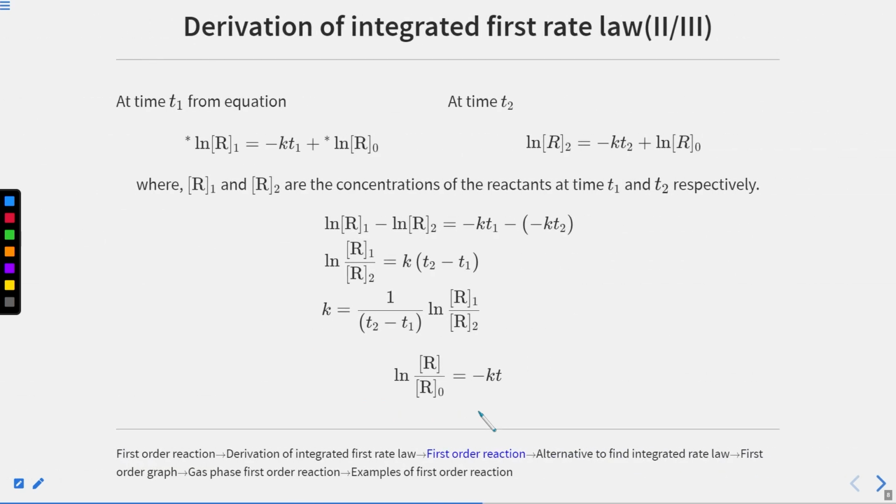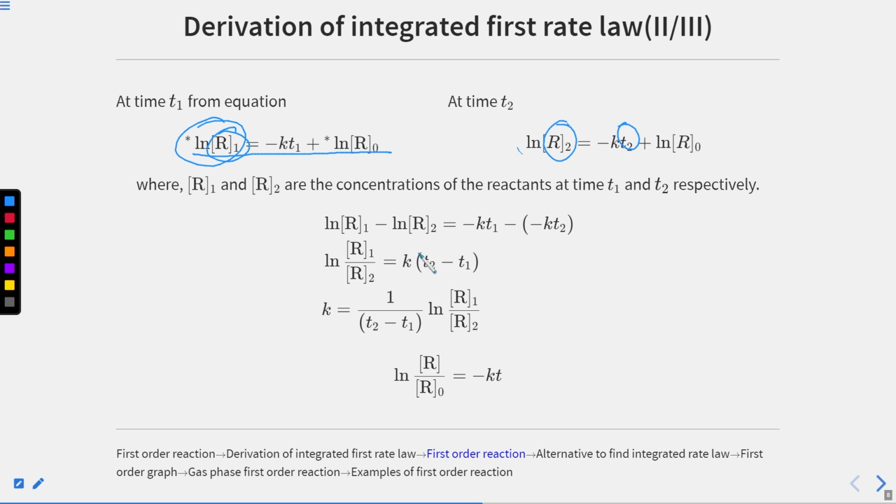Further, we are taking this at 2 time intervals. At time t1 the concentration is R1, and at time t2 the concentration is R2. Okay, so these are the 2 instances we are considering. We have considered the same equation at 2 different instances, so that would give us 2 equations.